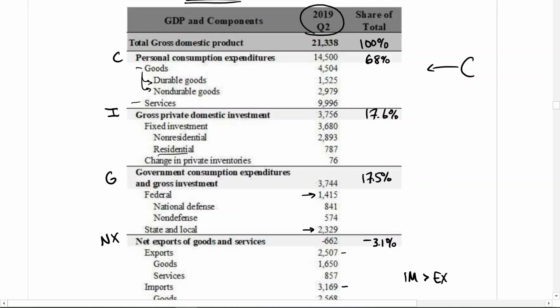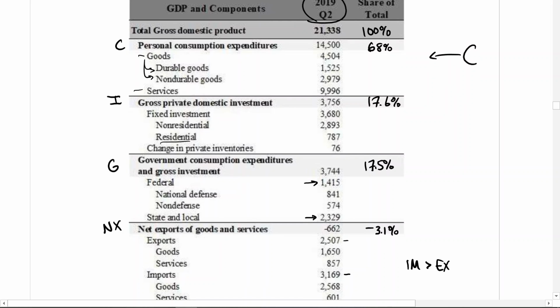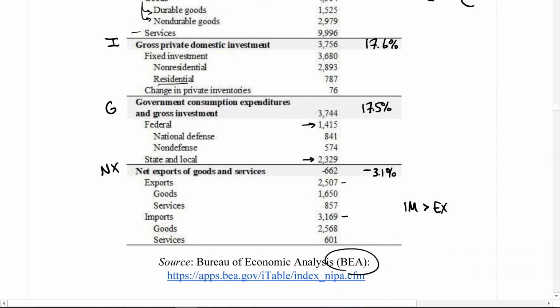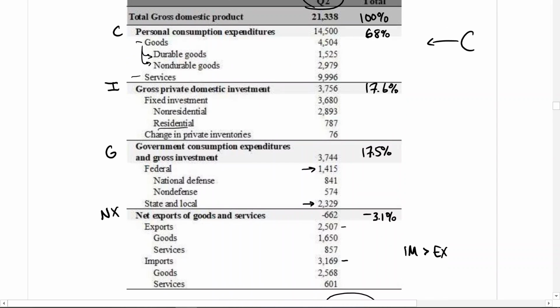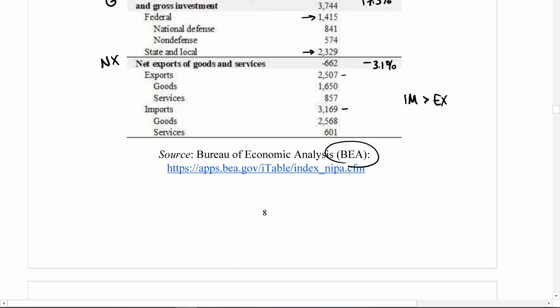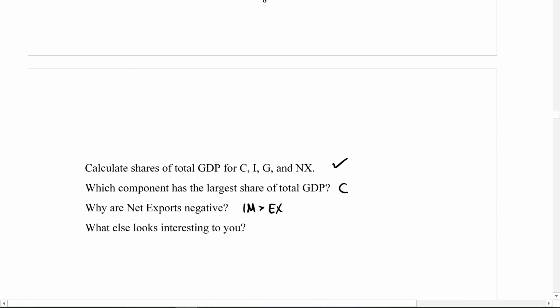It's mostly the business spending, and then government spending and net exports there at the bottom. So take a look at that, see if you find anything interesting, and if you want to go to see the most recent data, you can go out to the Bureau of Economic Analysis and find that. Okay.